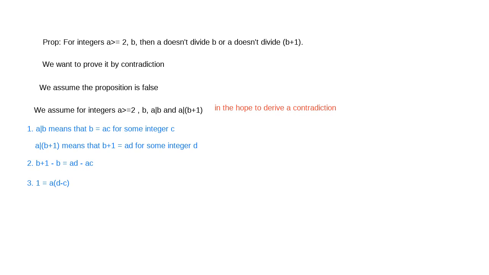Well, 1 is positive and a is positive. So d minus c has to be positive. You can think of some positive integers, which means, the red color means you think in your head, d minus c can be 1, 2, 3, and so on and so forth.